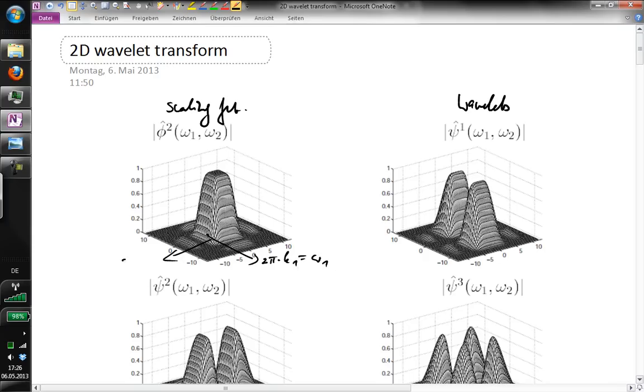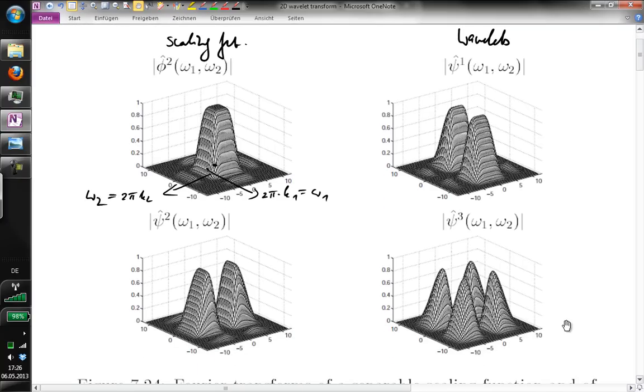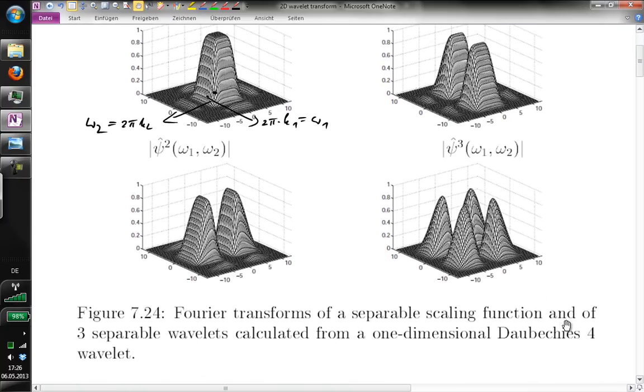And this would be 2 pi times k2, which is here called omega 2. The scaling function, as can clearly be seen, is a low-pass filter because it has all its energy centered here at zero frequency, somewhere in the middle. And then we have different high-pass filters. They are high-pass in different directions of space.